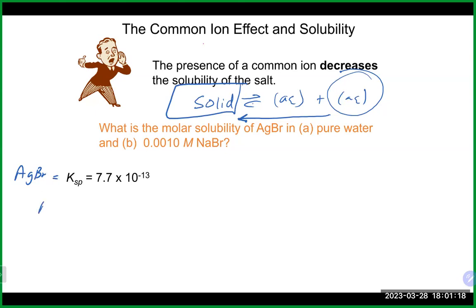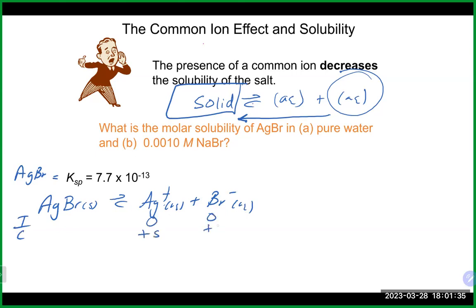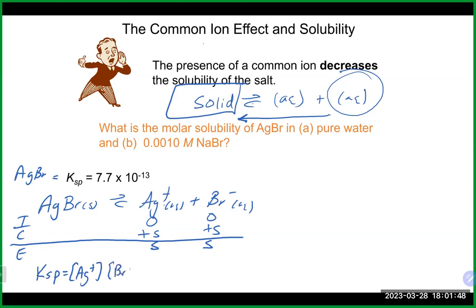So if we did our silver bromide in pure water, we would set up our ICE table. We would end up with a silver ion plus a bromide ion. Initially, we would have 0 and 0. Change would be plus S and plus S, which means at equilibrium we would have S and S. Going into our Ksp expression, the silver ion times the bromide ion equals 7.7 times 10 to the minus 13.